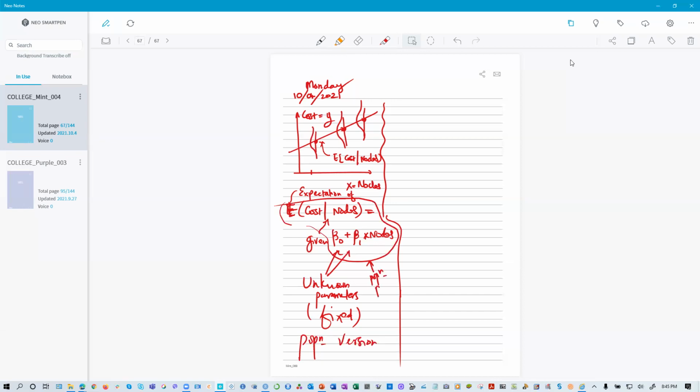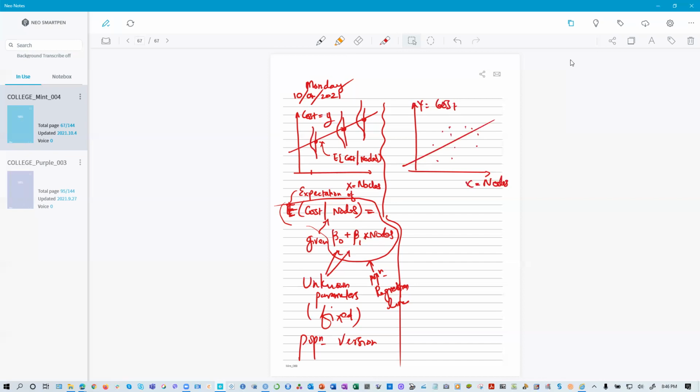The population regression line is going to go through the centers of all the distribution, the expected values. But in a sample, it's not the case. You have nodes here, which is x, and you have y here, the cost. You have a scatter plot like this, and you're going to have a line like that.